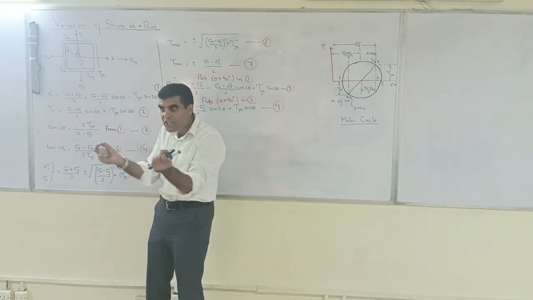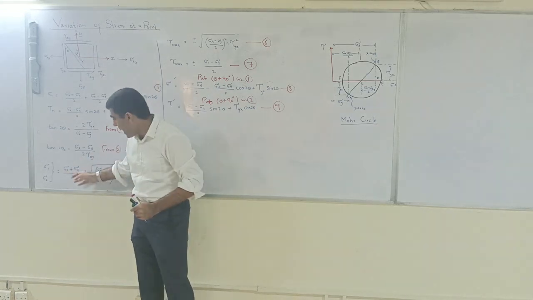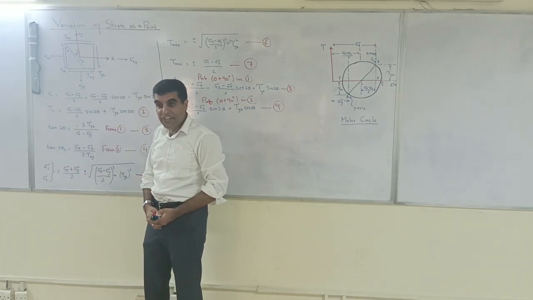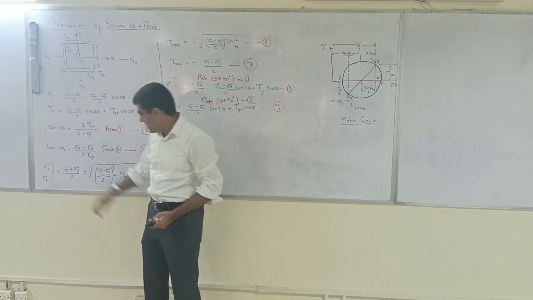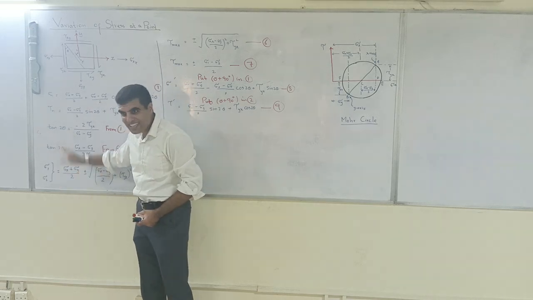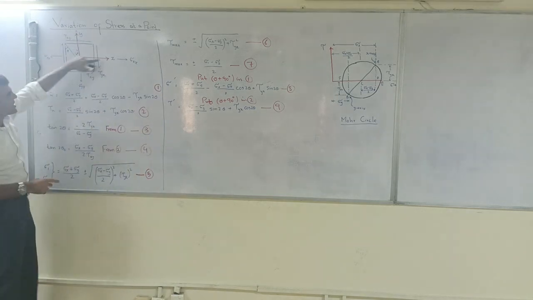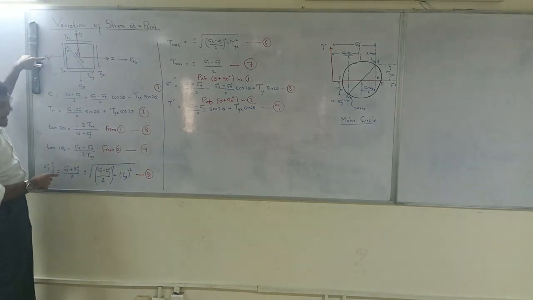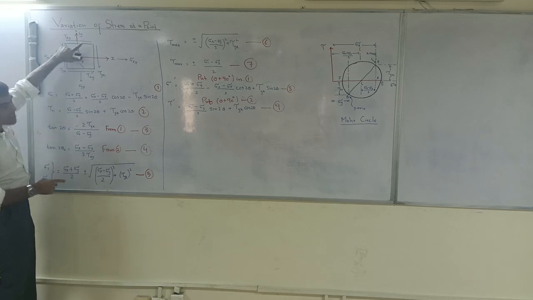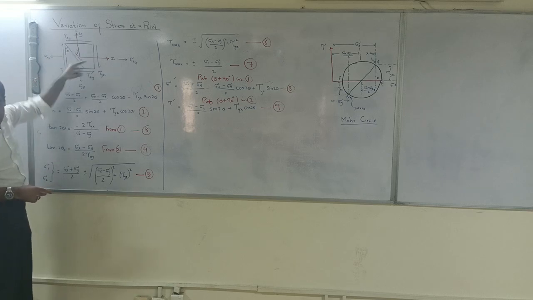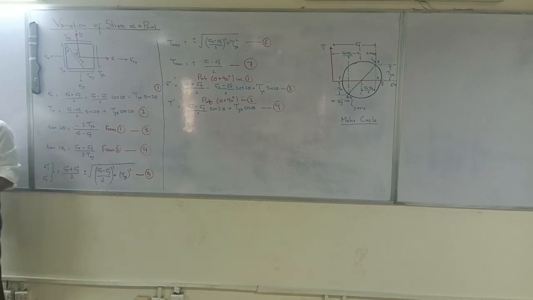So the addition of any two stresses remains constant at a particular plane. When you add the stresses in the two directions, sigma x and sigma y, and the axial stresses, stress 1 and stress 2, both sums remain constant.